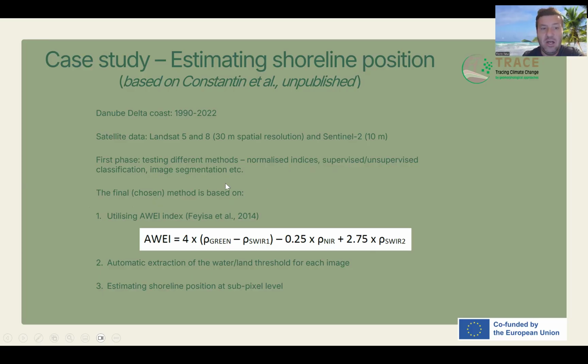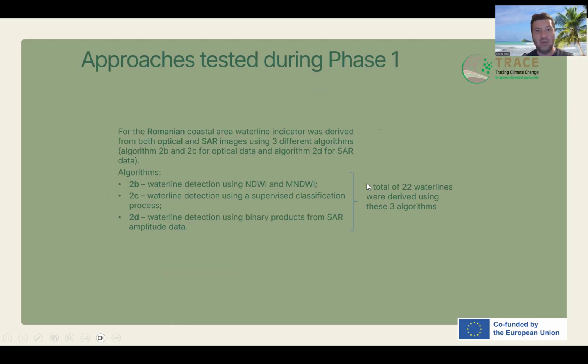In the second phase we chose the best method, which was the automatic water extraction index, based on the work done by Feyisa and collaborators in 2014. We extracted the water threshold for each image, and also we estimated shoreline position at sub-pixel resolution. So we obtained some data at less than 10 meter spatial resolution.